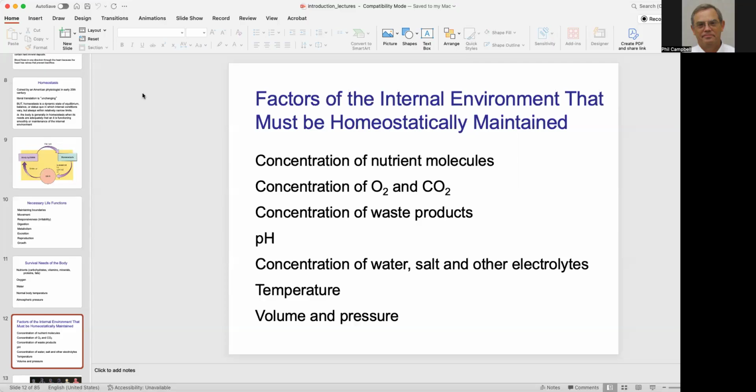And for waste products, let's think about the kidney, which has more than one role. The kidney is there to remove excess water, excess salts, and toxic things. You had a hamburger, a protein-based hamburger.